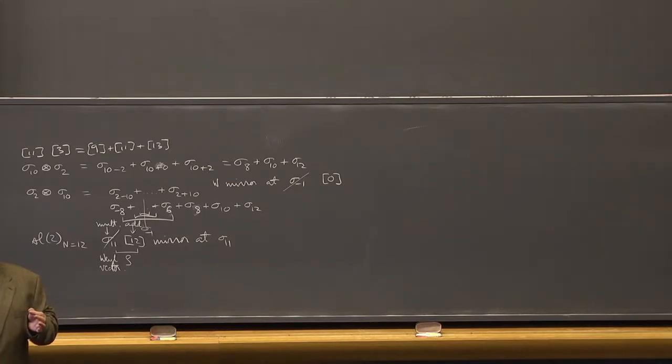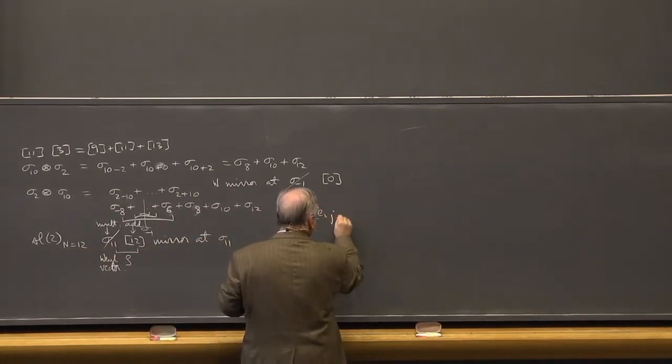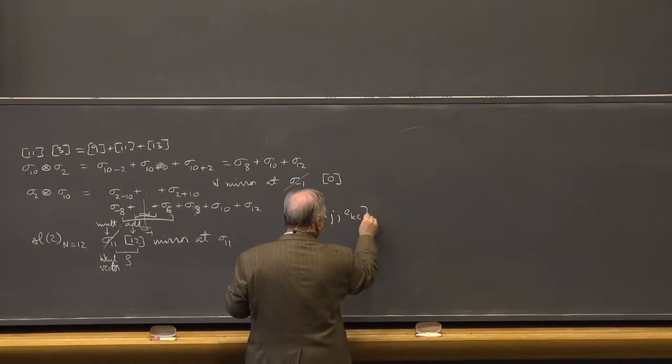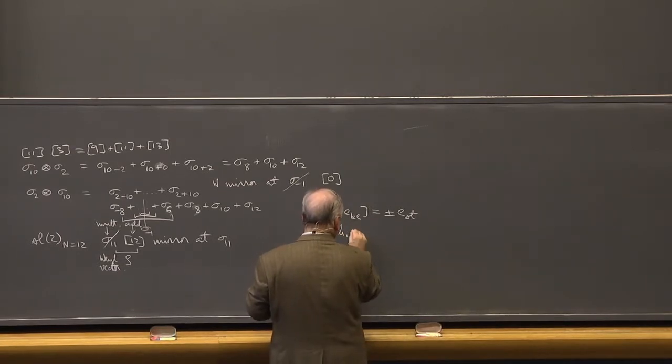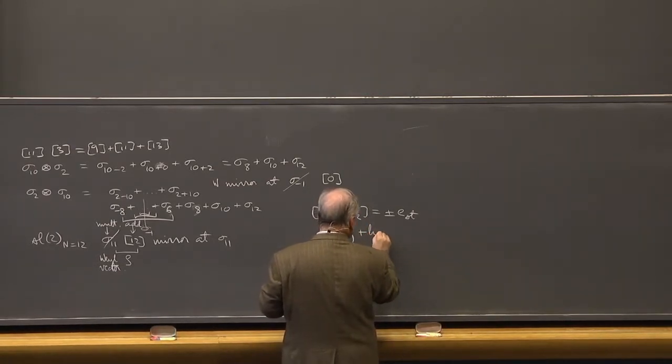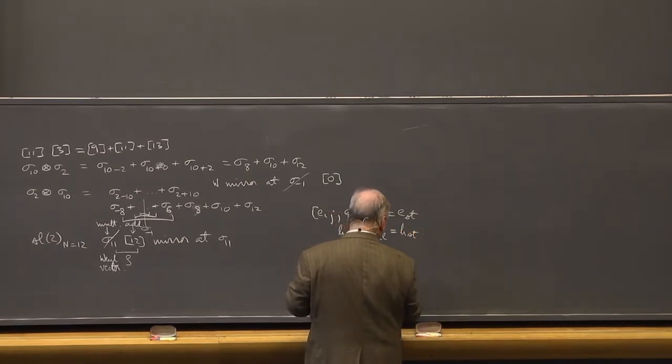And the theorem of Chevalley says that the commutator of eij with ekl is equal to plus or minus est if hij plus hkl is equal to hst.